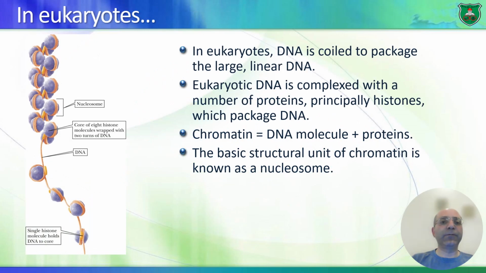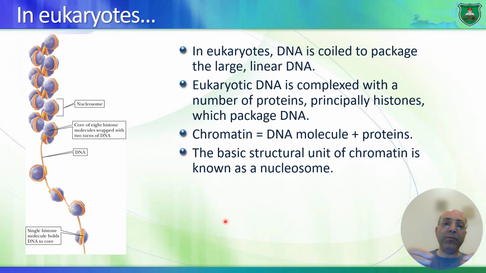Probably an exception to the specific DNA protein interaction is the interaction between histone molecules and DNA. So our DNA, by the way, in each individual cell is really long. It's about 2 meters long.